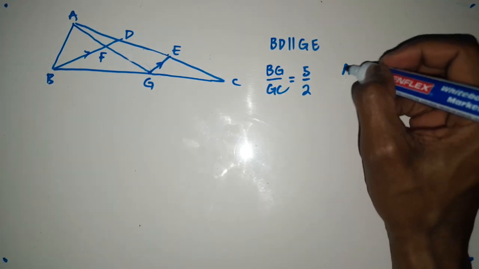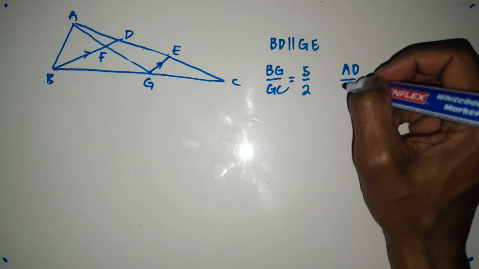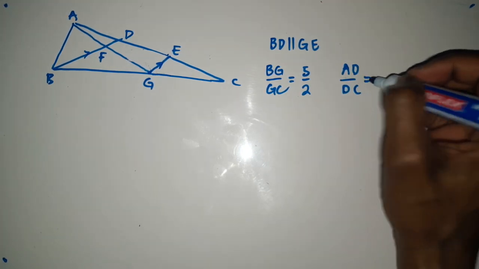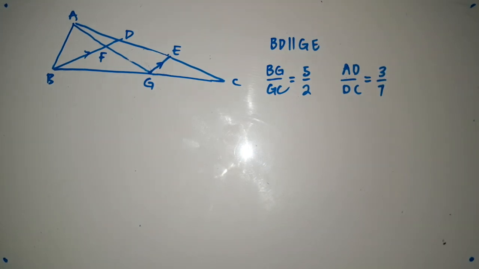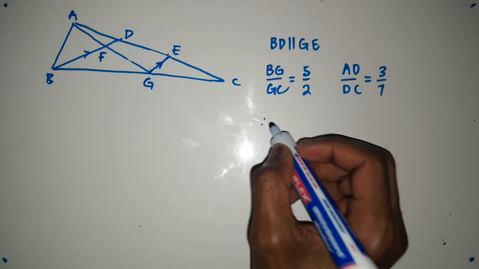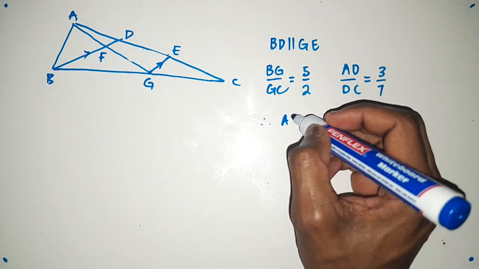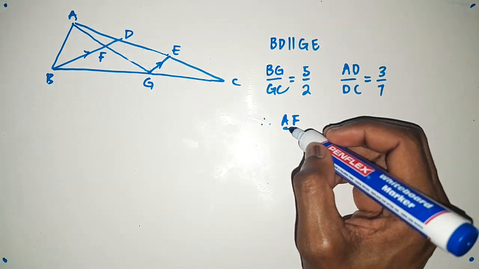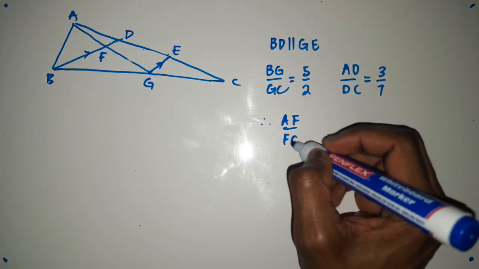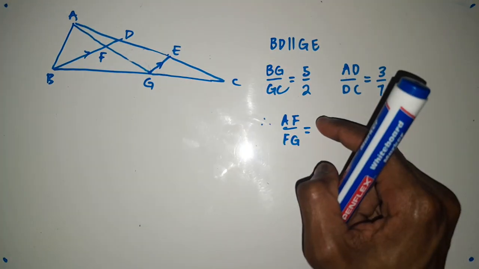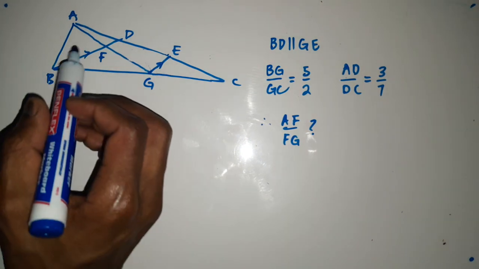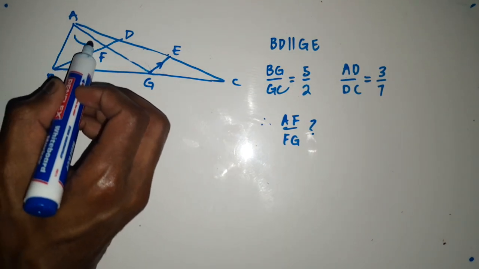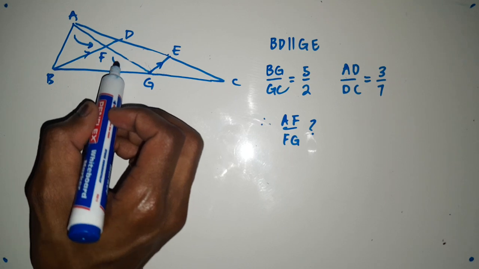And let's say they gave us AD over DC as 3 over 7, like this. Then now we need to find this ratio AF over FG.